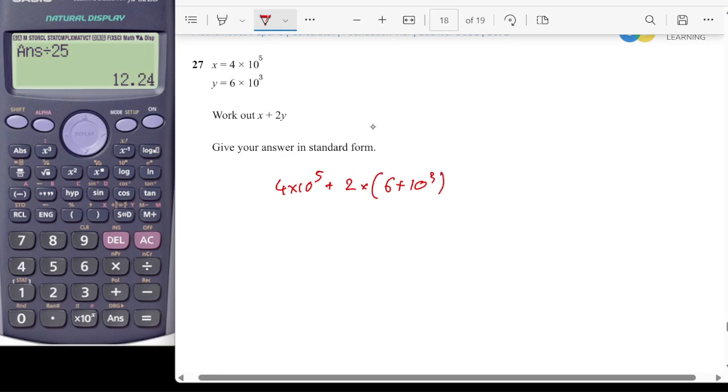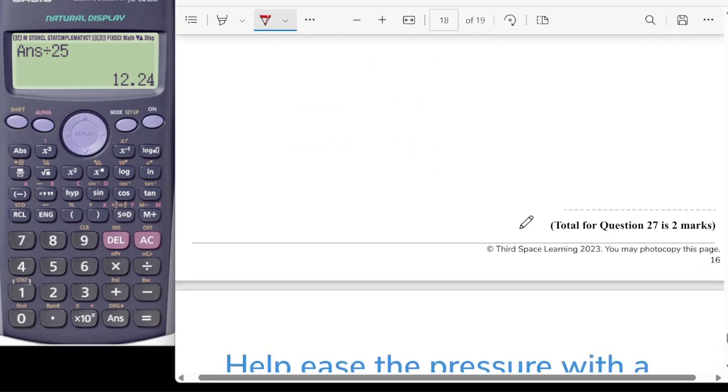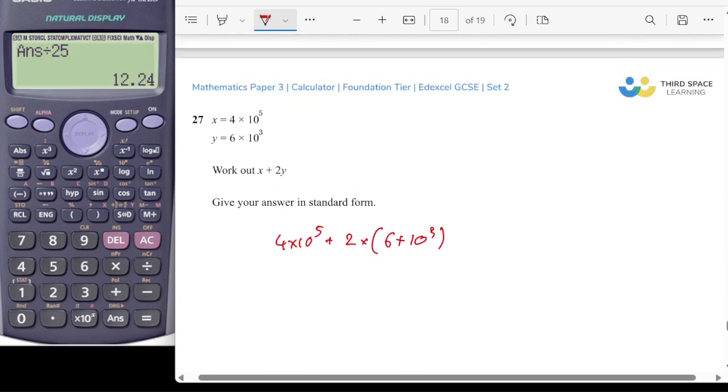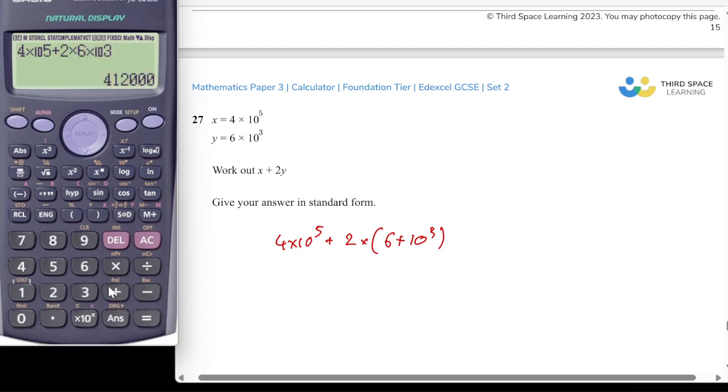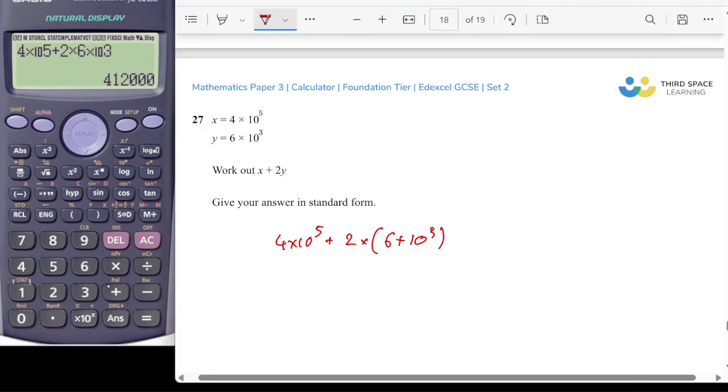And we could do this without a calculator, I'm sure, it's just a 2 marker though, so we'll just type it into our calculator. So 4 times 10 to the 5 plus 2 times 6 times 10 to the 3. So that's going to be my value. Let me just make that multiplication sign clearer.